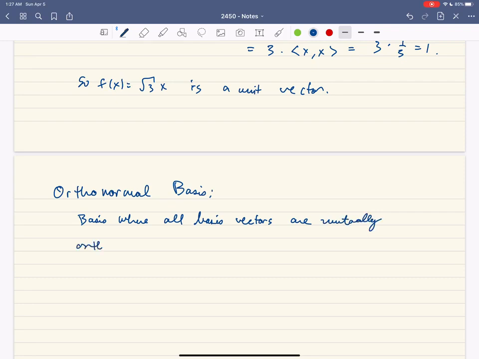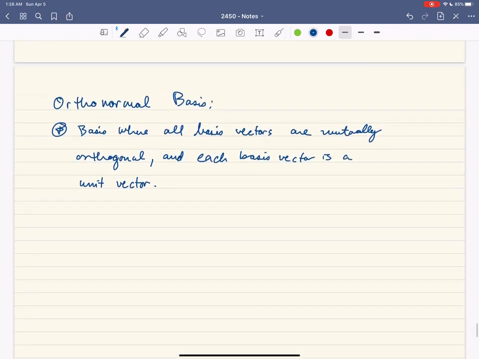What I mean by that is that pick any two basis vectors, they're going to be orthogonal. And each basis vector is a unit vector. So orthonormal bases are the nicest bases that you can possibly work with.